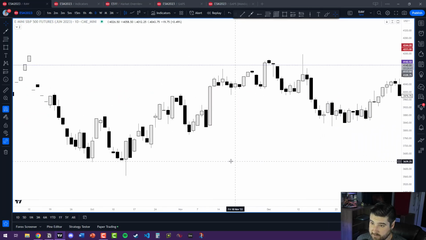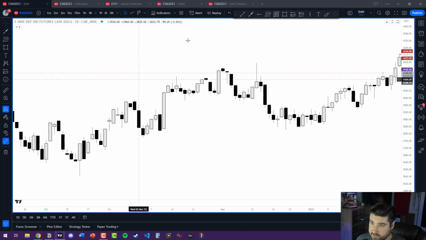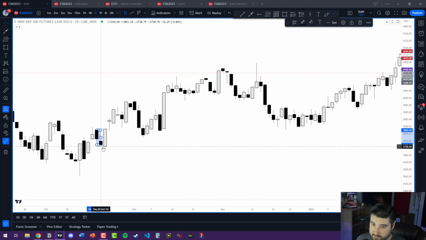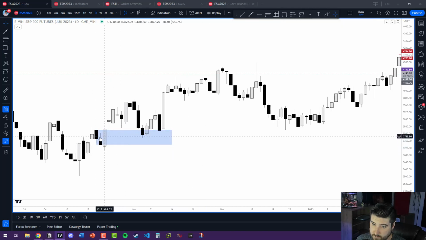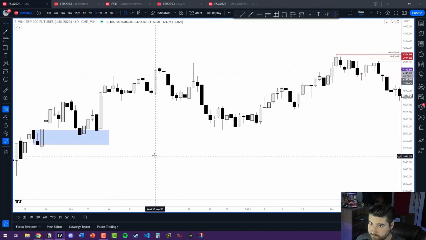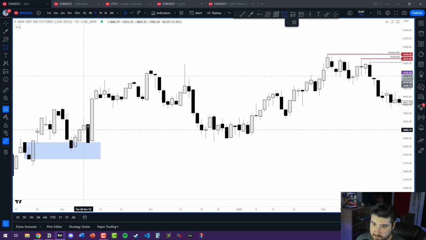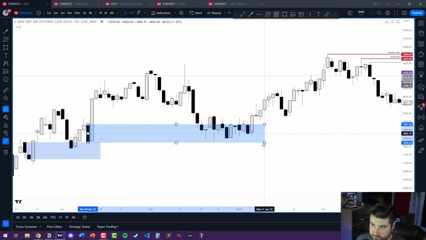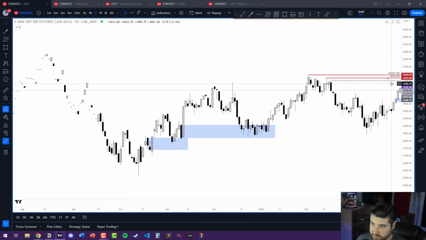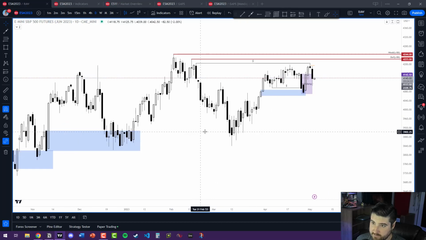Zooming out to the daily, you could see it play out over and over again. Order blocks, these two down close candles in this uptrend. Respected. Down close candle in this uptrend. Respected. Now the hard part about this is, yes, this is a support area, but you may have got chopped up on the lower time frames in all of this.